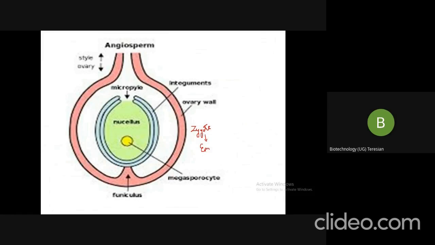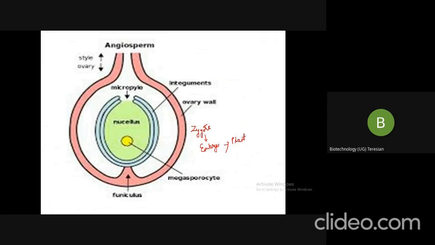And from this embryo, you can develop your root and shoot. So once they are developed, you can get your whole plant. That is about ovule culture.